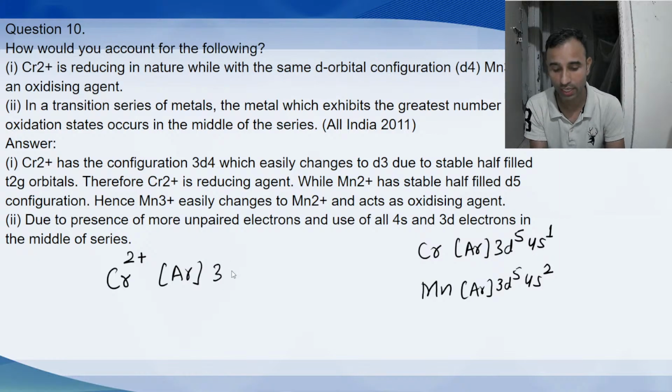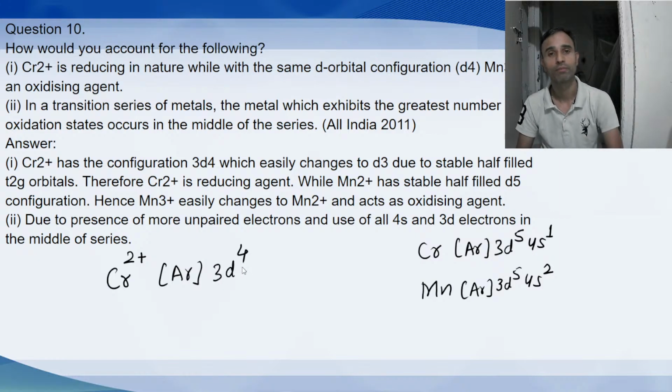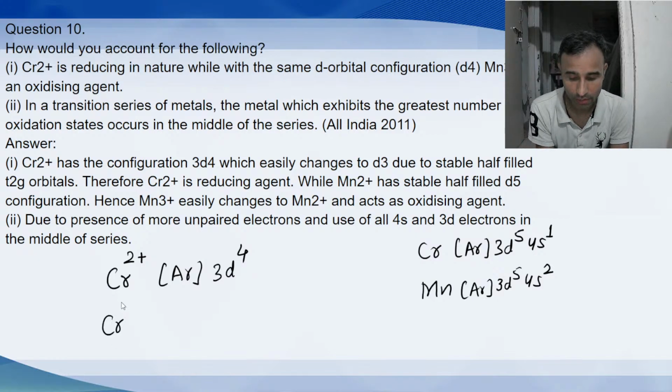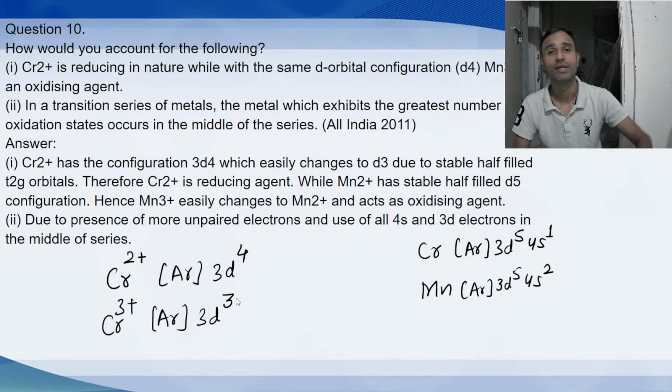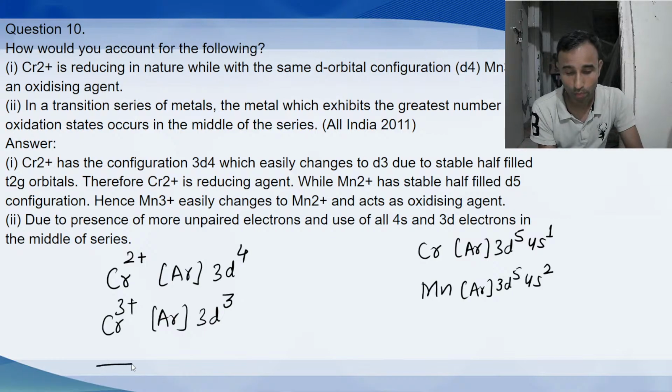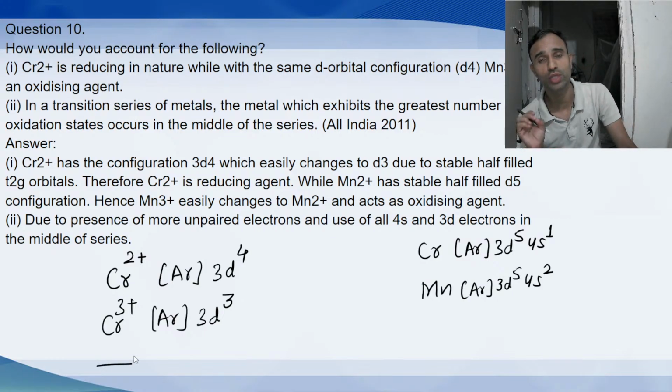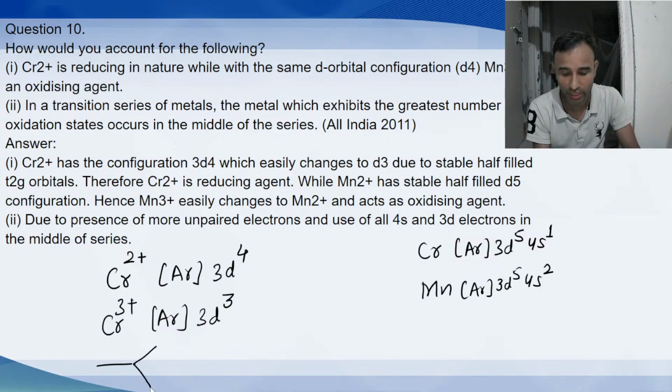It is 3d4. And chromium 3+ is 3d3. See, the oxidizing or reducing nature is shown in aqueous solution. In aqueous solution, water is the ligand. Therefore, the orbitals split into t2g and eg.